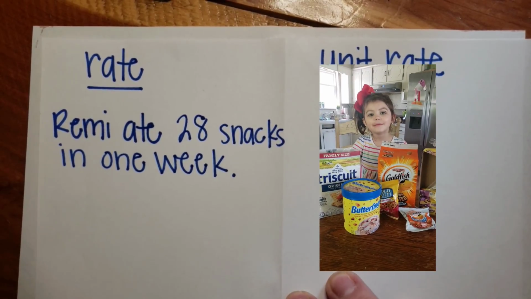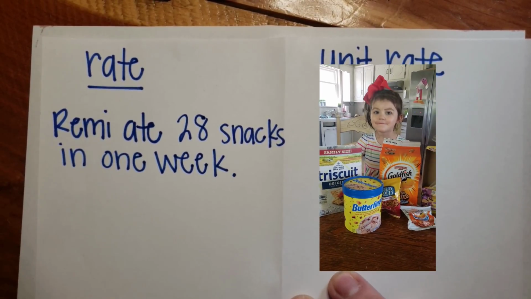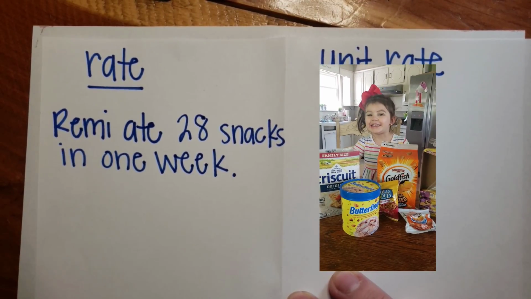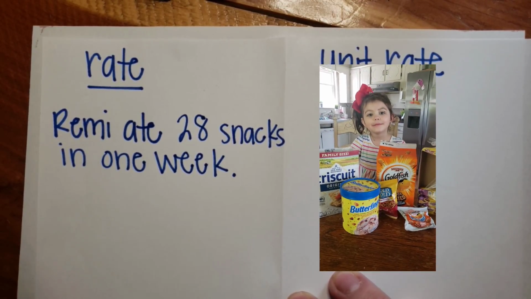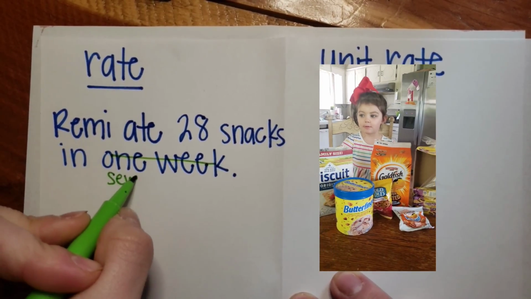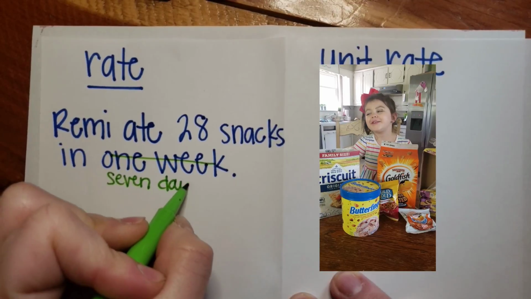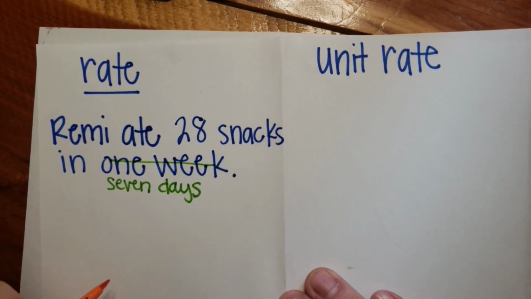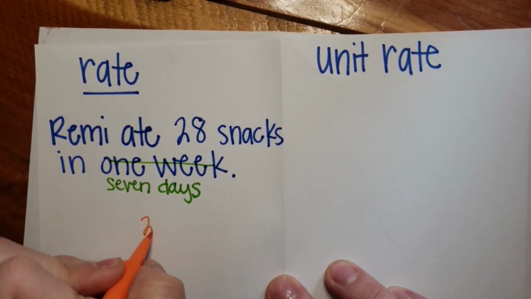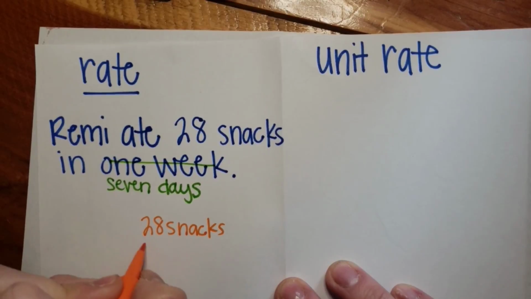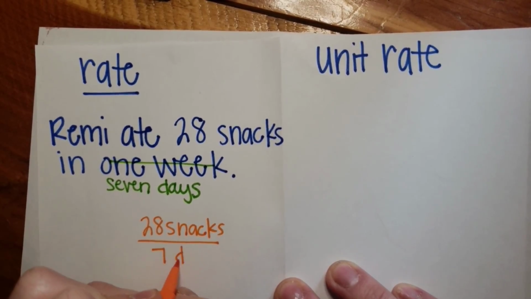Our second example, Remy ate 28 snacks in 1 week. So we are going to change this to per day. That's what unit rate I'm going to find. So instead of putting 1 week, I'm going to write 7 days. And I'm going to set it up just like my other problem in fraction form. 28 snacks over 7 days.